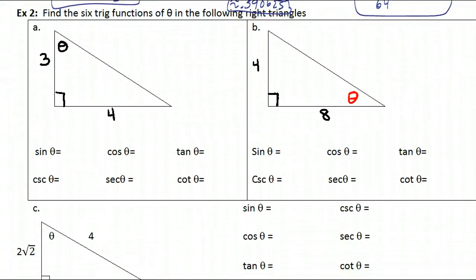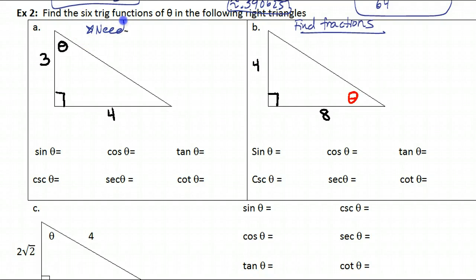All right, so when they ask us to find the 6 trig functions, right now they want us to find the fractions. We are going to find the fractions that make the ratios just using our opposite over hypotenuse, adjacent over hypotenuse little fraction formulas. Now the thing is though, I don't know what this missing side is. So here's where the Pythagorean theorem comes in.